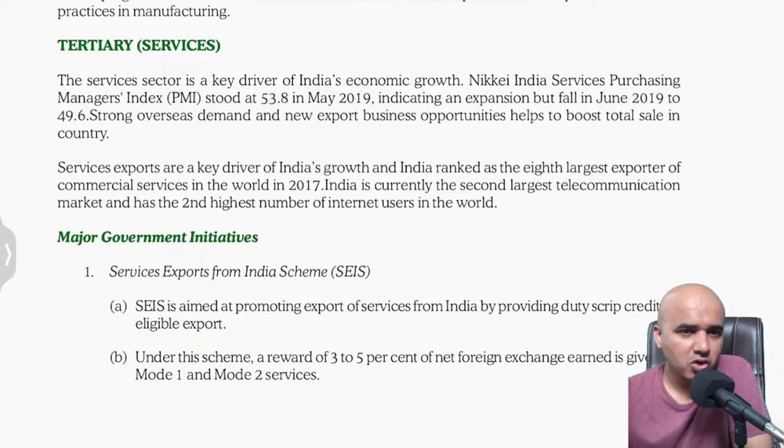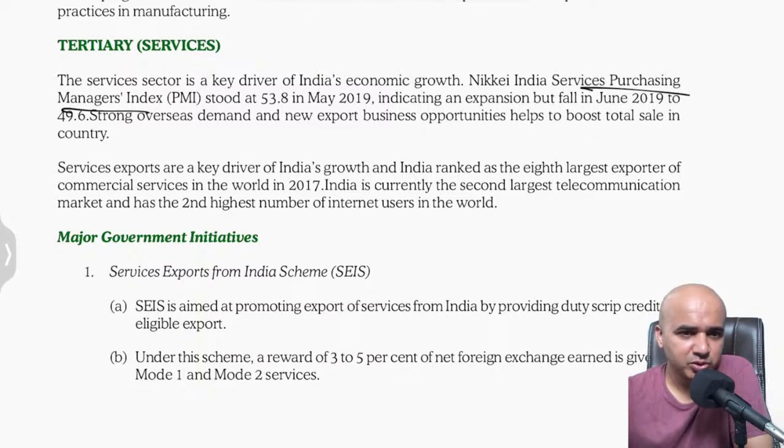Strong overseas demand and new export business opportunities help to boost total sales in the country. Now when they introduce something, it is their duty to explain what exactly this Purchasing Managers Index talks about. Anyway, let's not bother about it.